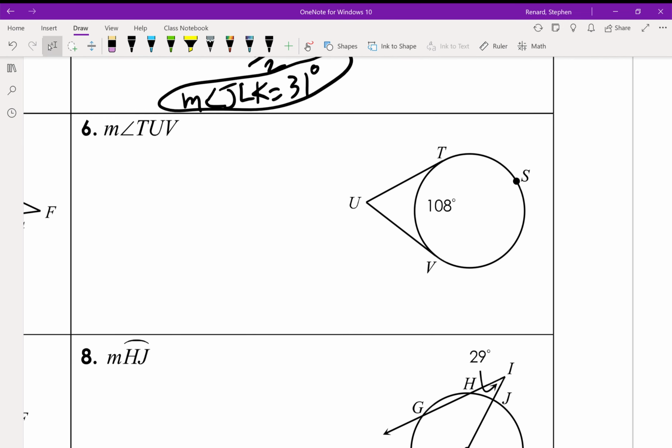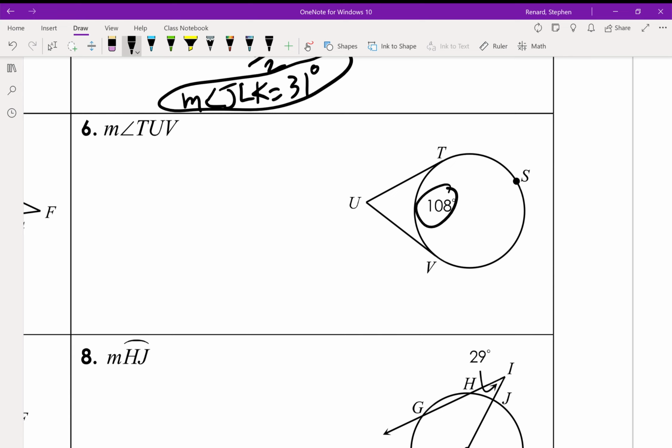Looking at number 6. Even though it may not look like it, because they're not intersecting out here and describing, even if it's just a little one like this and a smaller one like that, here you have 2 tangent lines, but it still describes 2 arcs. You have this arc right here, and you have this arc out here, TSV.